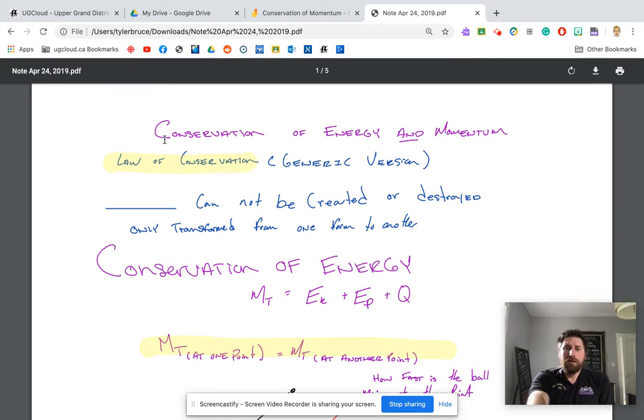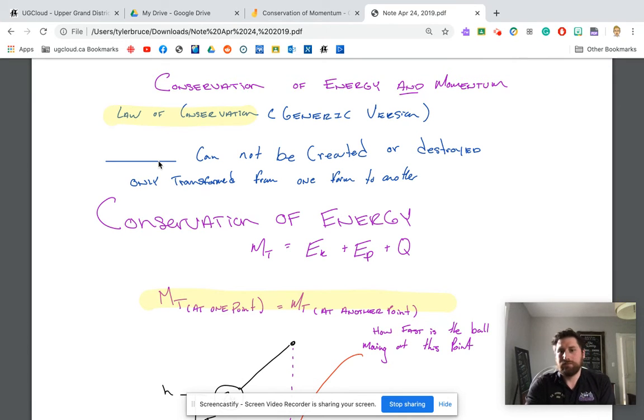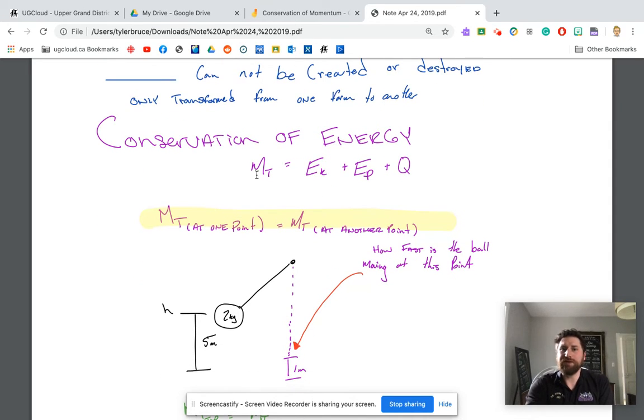So just a quick summary of last week: conservation of energy and momentum. The law of conservation, a generic version, is that whether it be energy, momentum, or mass, it cannot be created or destroyed, only transformed from one form to the other.